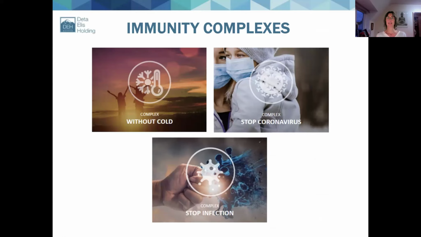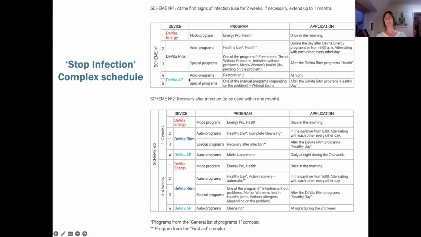Now we also have 3 schedules that are designed to help people with low immune systems. If you have a tendency for colds, if you think you're catching coronavirus or you've got coronavirus, or if you simply get a lot of infections, you can work with some of these protocols. Here's an example of the infection protocol.